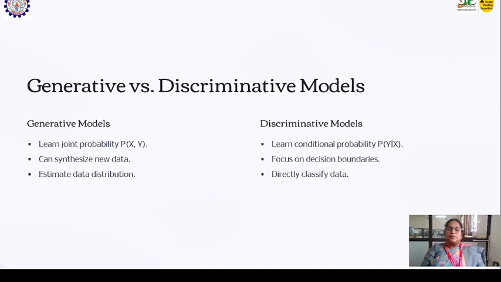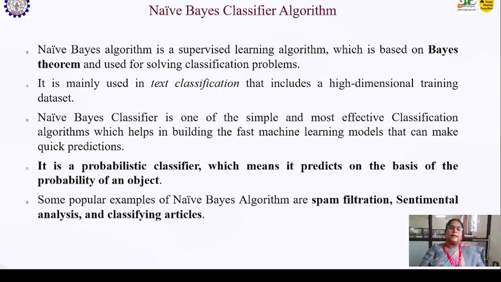So today we are going to see one example of this discriminative model, which uses the conditional probability, takes decisions based on the boundaries, and directly classifies the data. Such a type of algorithm is called the naive-Bayes classifier algorithm. So what is this naive-Bayes algorithm? First, we'll just see the names, naive and Bayes.